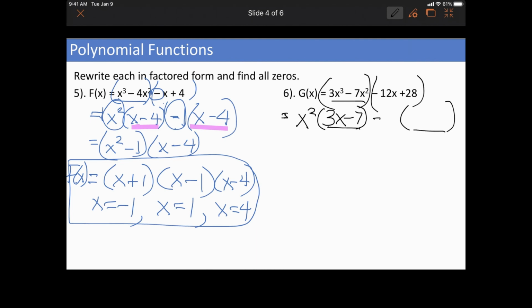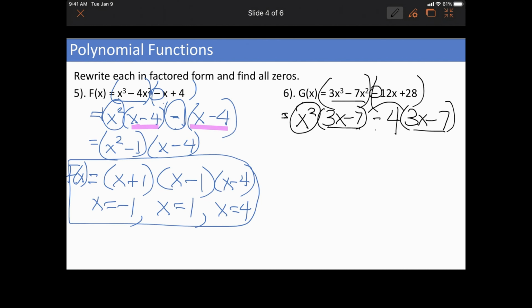If it's 3x minus 7, you're sure you factored that properly, then this must be 3x minus 7 as well. So 7 goes into 28 4 times. 3 goes into 12 4 times. So it is 4. And does it have to be minus? Yes, because there's that negative again, so I factored it out. And 28 divided by -4 is -7, so we've checked.